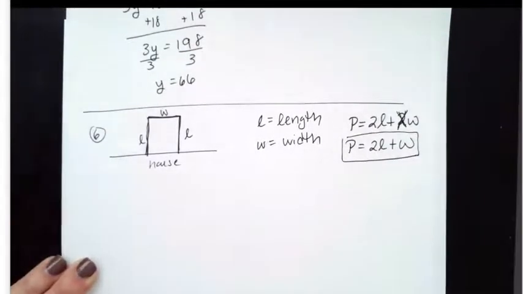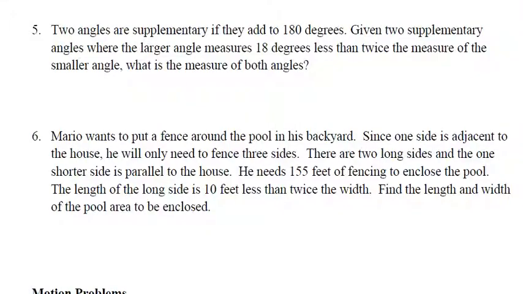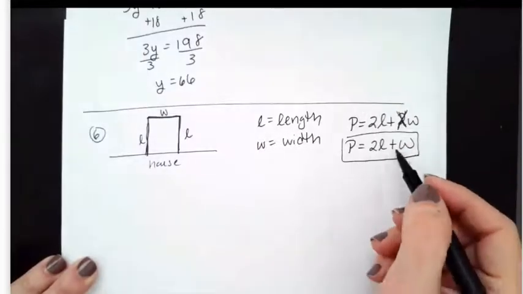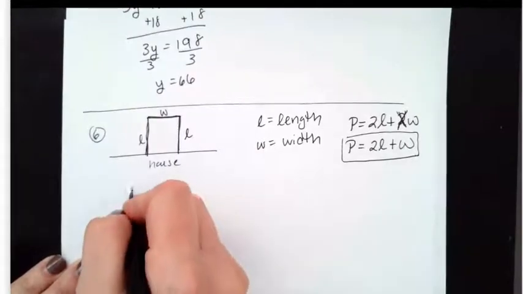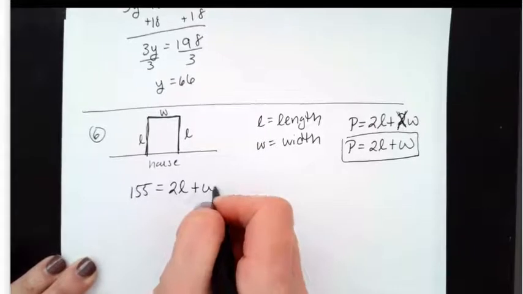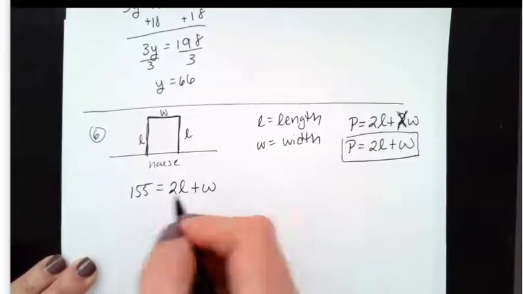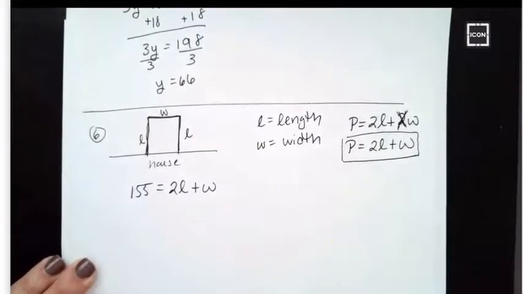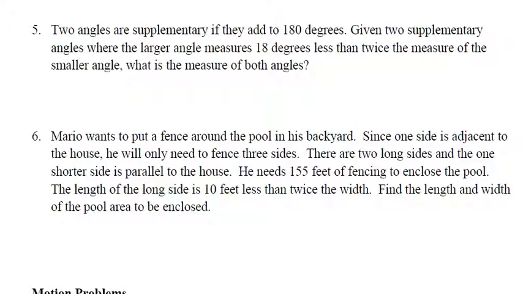We're told that we had 155 feet of fencing. So that formula now turns into 155 equals 2 times the length plus the width. 155 equals 2L plus W. But we need another equation, and there's another relationship that we're given between the length and the width.